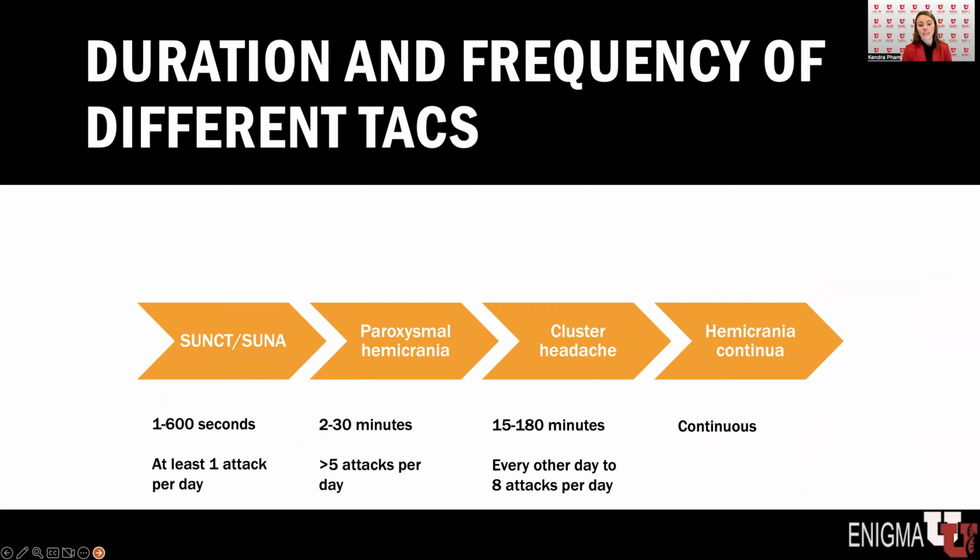Paroxysmal hemicrania should last between 2 and 30 minutes long, and there should be more than 5 attacks per day. For cluster headache, these should last about 15 to 180 minutes, and they should occur at least every other day, up to 8 attacks per day. And cluster headache tends to occur in cluster periods. And so a cluster period would tend to be about 1 to 2 months long. And then there's hemicrania continua, which is more of a continuous attack.